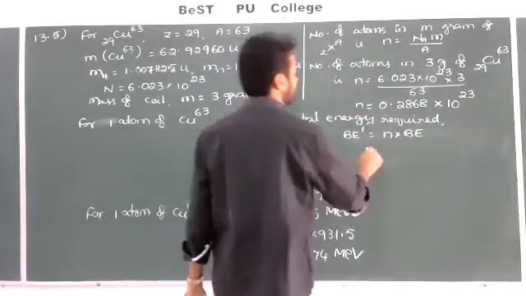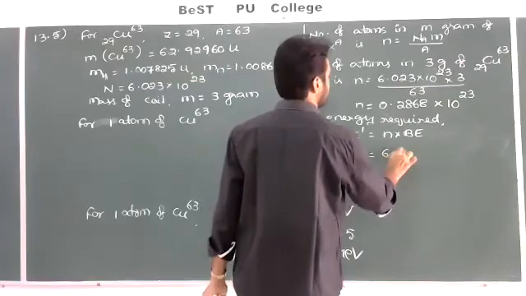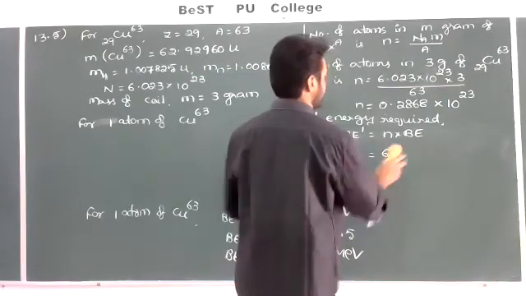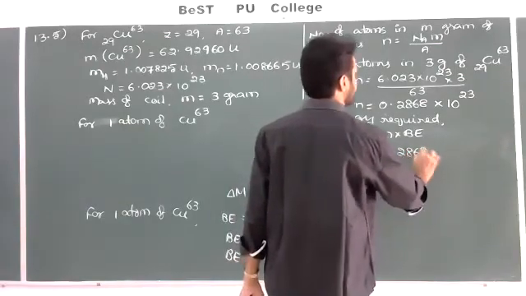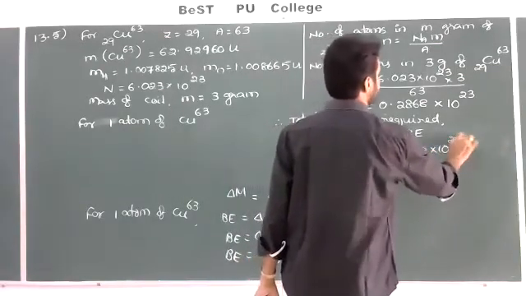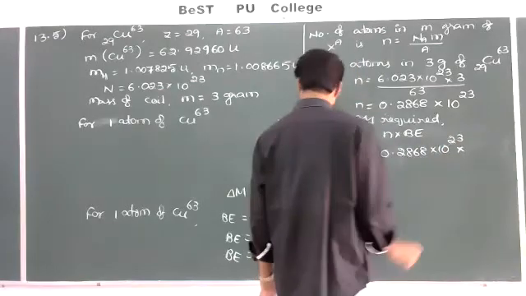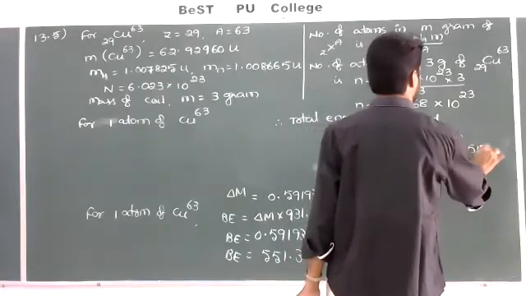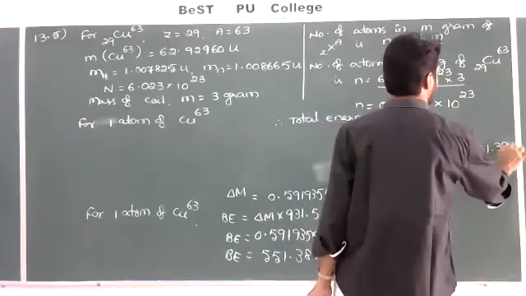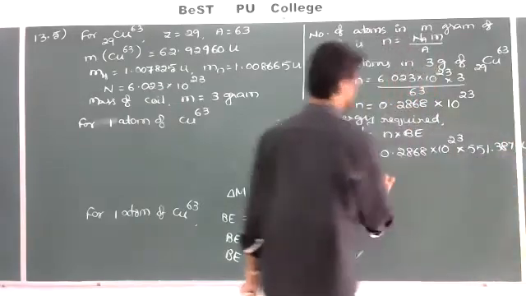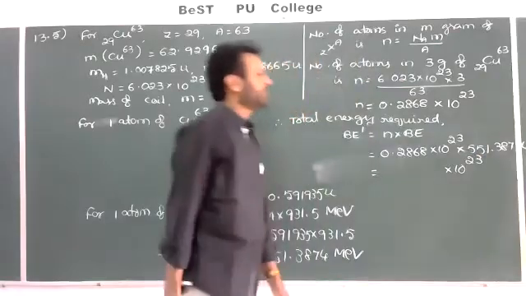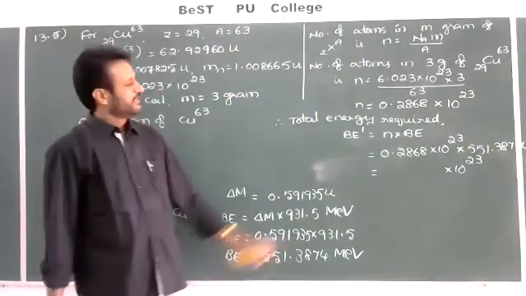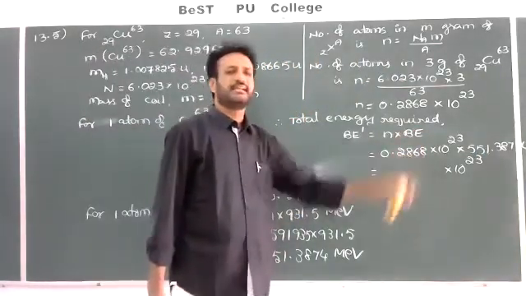Number of atoms is 0.2868 into 10 to the power of 23, into 551.3874. Into 10 to the power of 23, the same, 551.3874 into 0.2868.